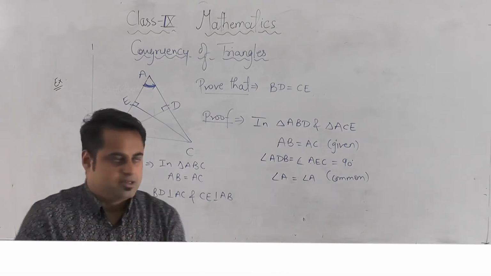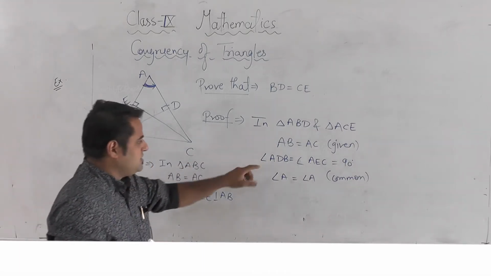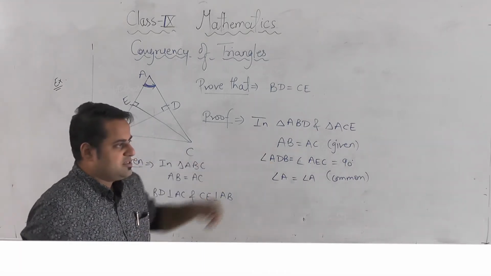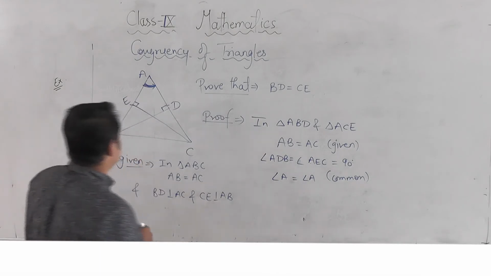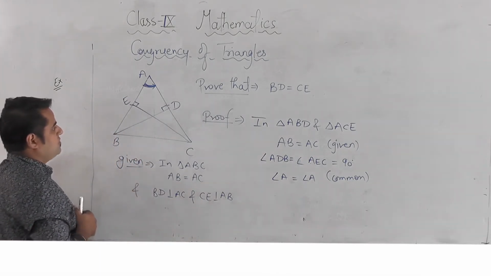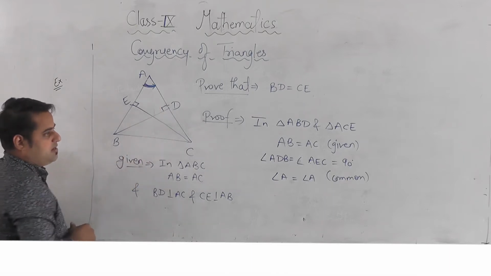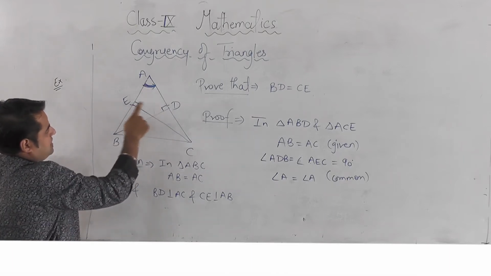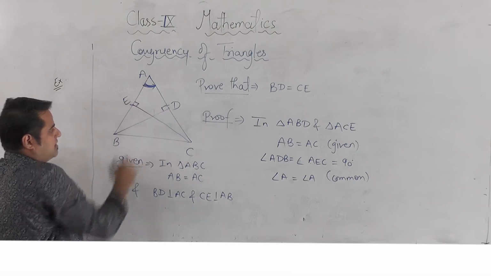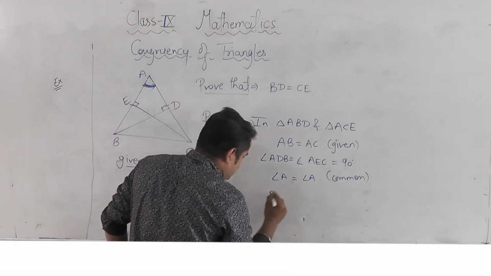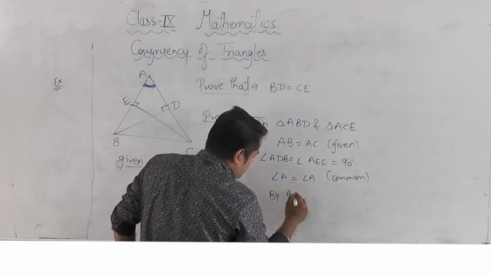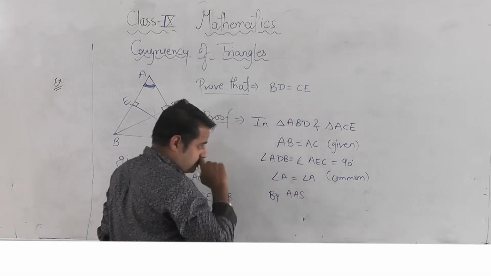So as you can see, there are two angles and one side in common. So the sequence of this will be angle, angle, side. As you can see, these two angles and a side, we can take by AAS.